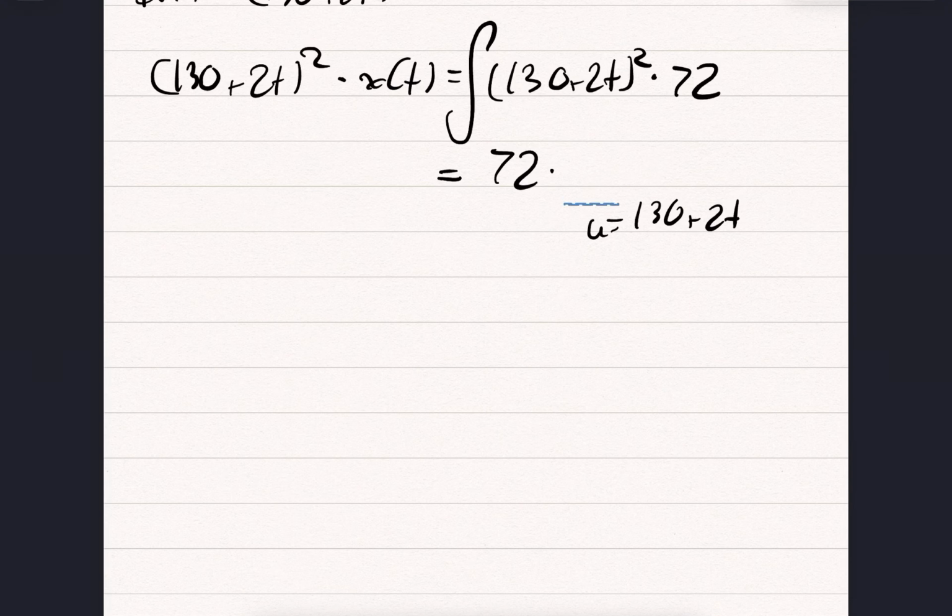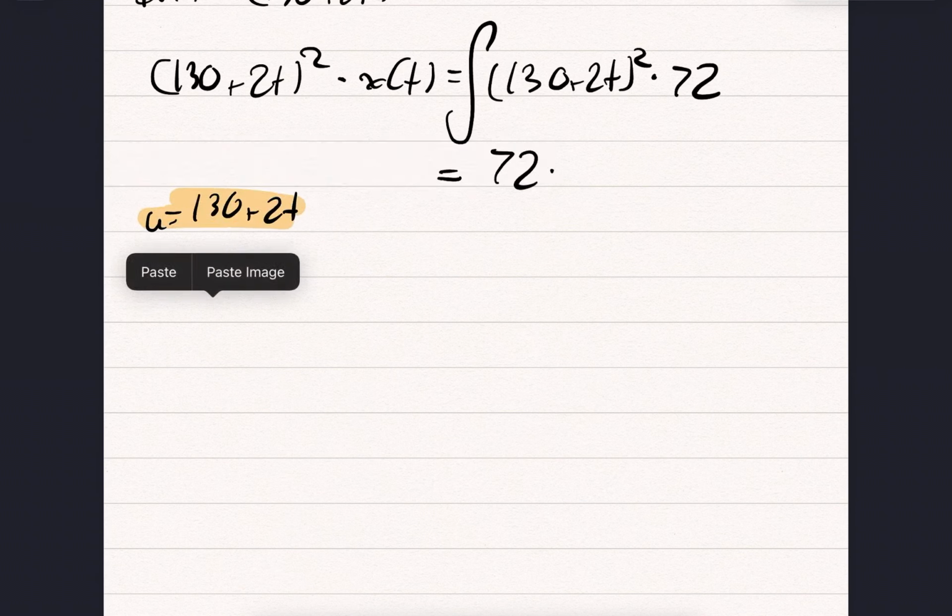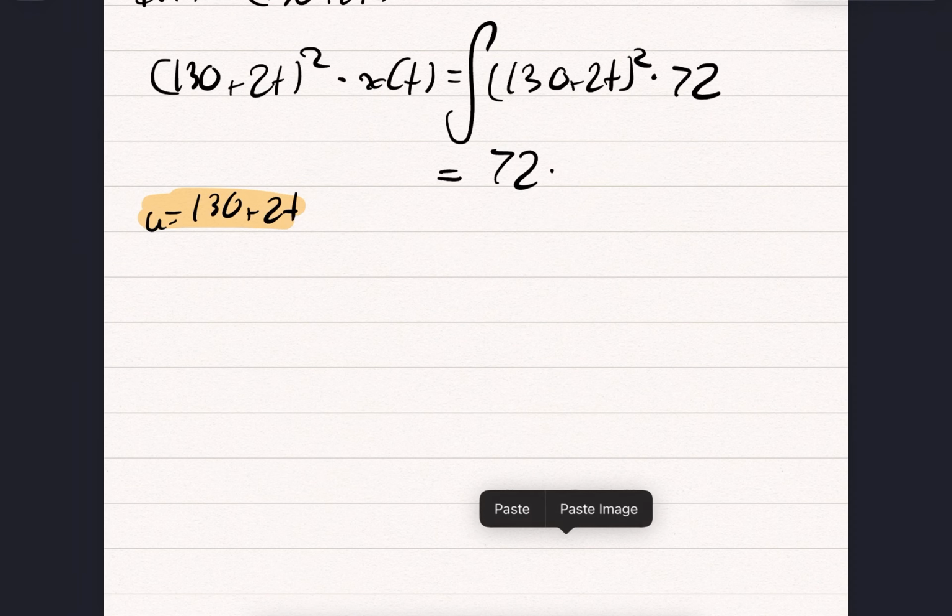So with this being said, I'm going to just highlight this just so you guys don't get confused. With that being said, then we're going to have 72 times u squared, which is just u cubed over 3. 72 divided by 3, guys. Let's see who could do the math faster.